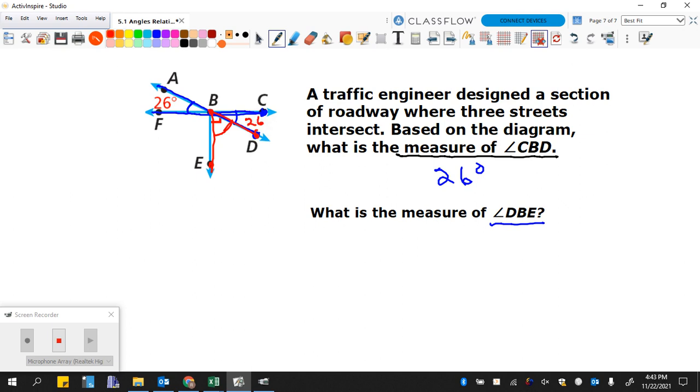We know the entire length from here to here is 90 because of the little right angle in the corner there. So we're going to just say 90 minus 26 is, oops, that's an 8, 64 degrees.